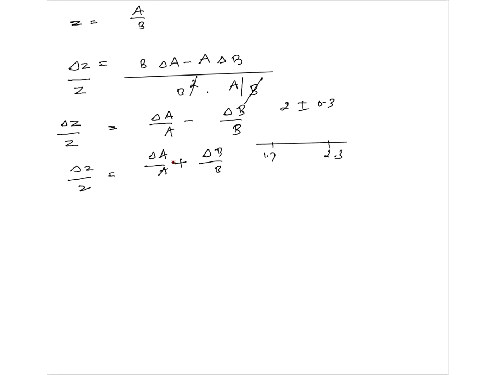Delta B by B, relative error. You are measuring two quantities A and B, and then you are calculating Z. Delta Z by Z is the relative error in Z. So relative error in Z is equal to relative error in A plus relative error in B. That happens for multiplication, that happens for division.